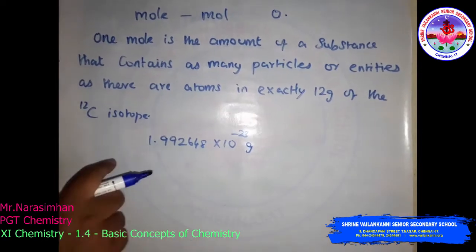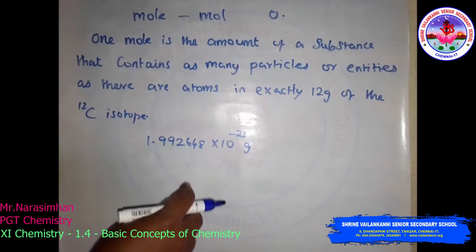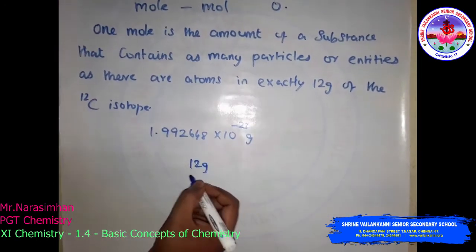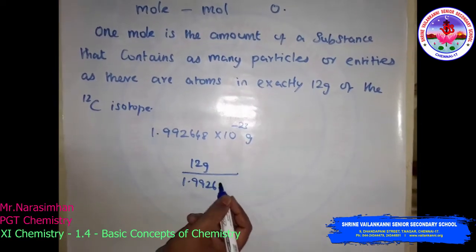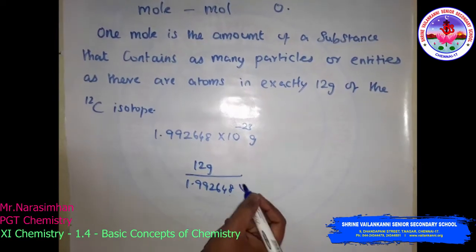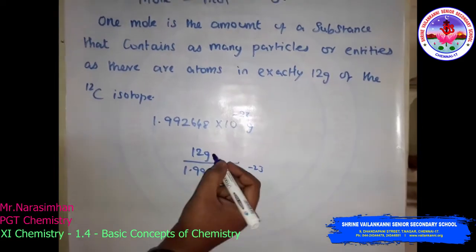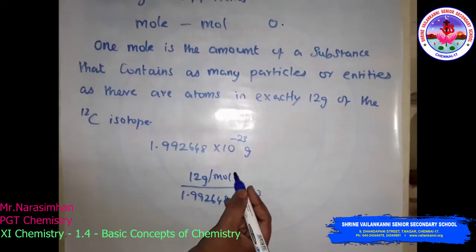One mole of carbon weighs 12 gram. So the number of atoms is equal to 12 gram per mole divided by 1.992648 into 10 power minus 23 gram per carbon-12 atom.